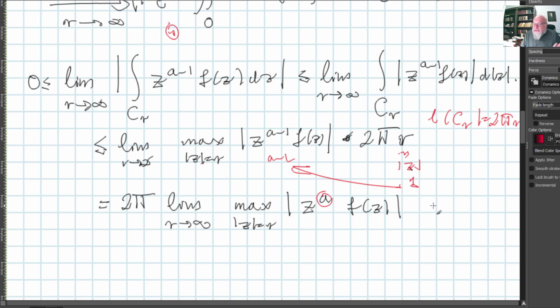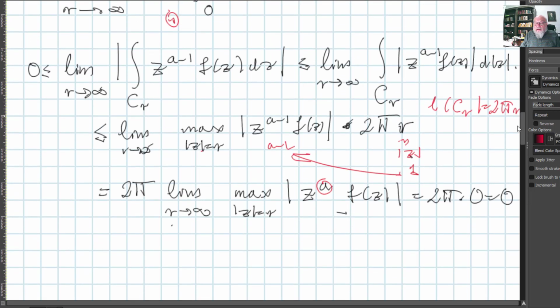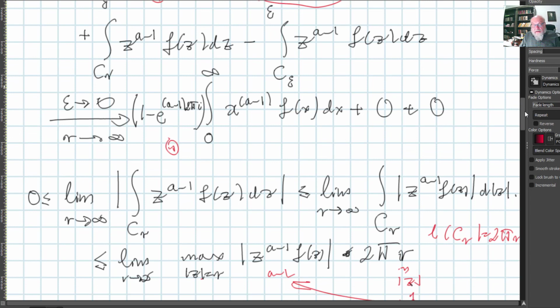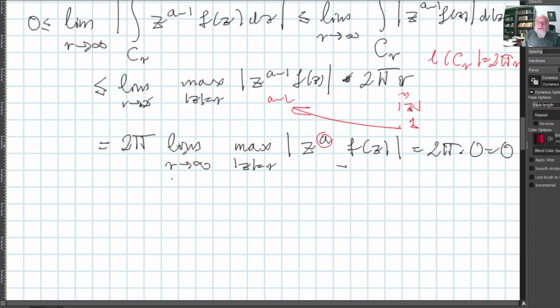We have assumption d, and that limit is equal to 0, so this is 2 pi times 0, which is equal to 0. Similarly, you can do it again for the second integral, but that's exactly the same verification, except the limit is changed to the limit to 0. So these two are there.